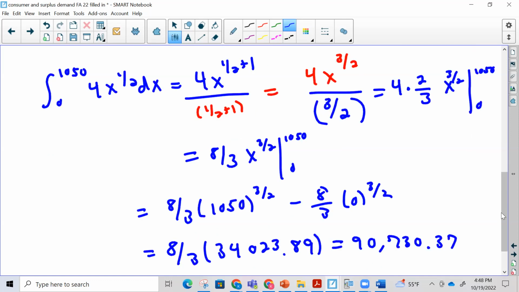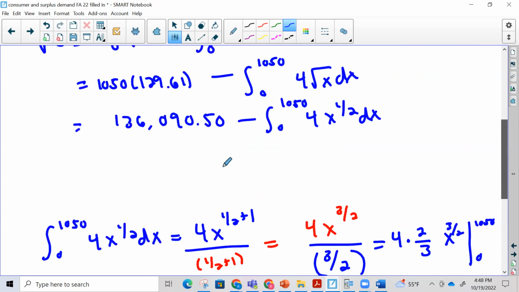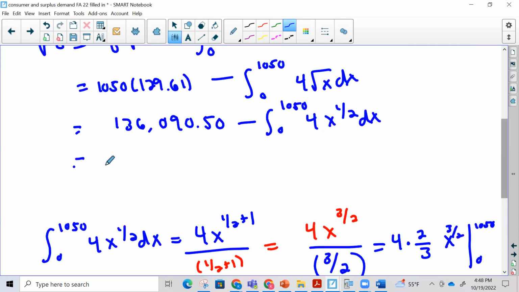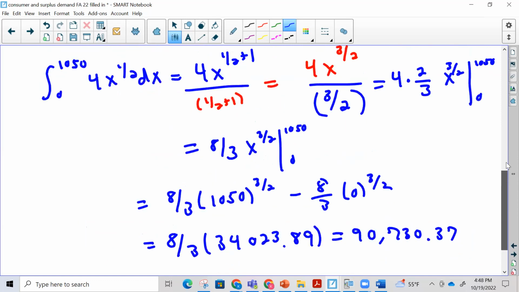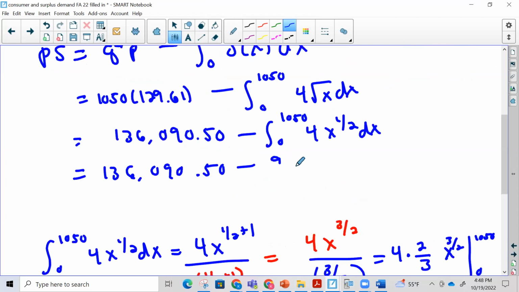Okay, so up here, I did that on the side. I'm going to come back here and plug that in. So I have $136,090.50, and then I'm going to subtract the integral that we got, which is 90,730.37.